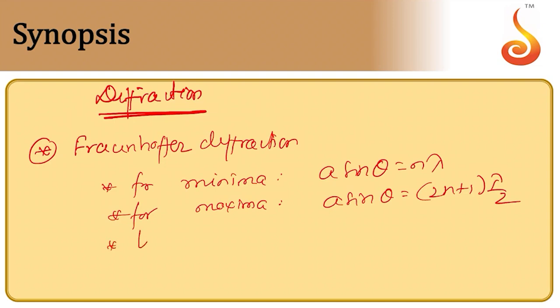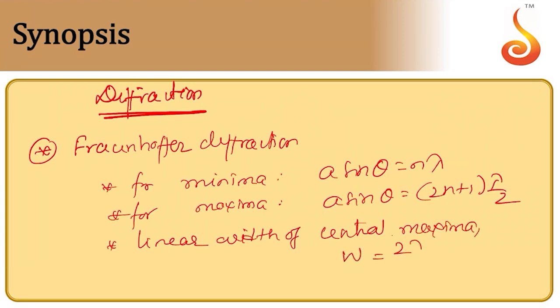And the linear width of central maxima, that is W, is equal to 2 lambda D divided by a. And the angular width of central maxima, I'll call it W theta, is equal to 2 lambda divided by a.